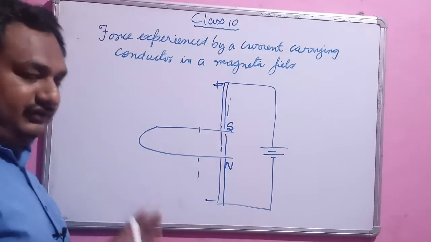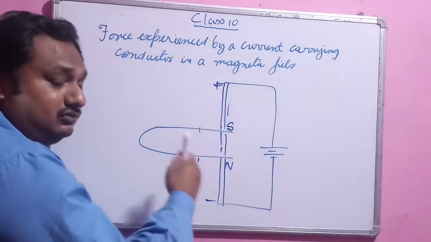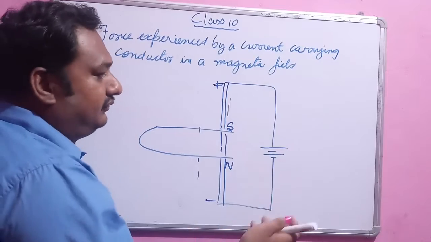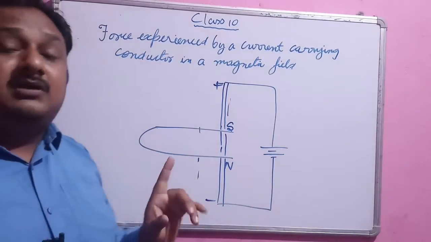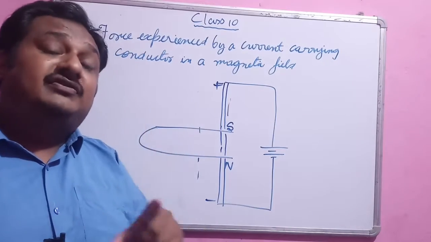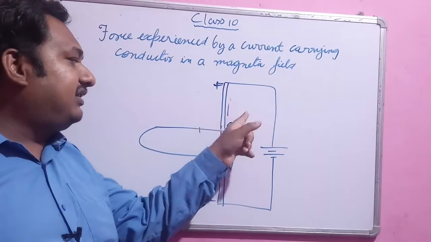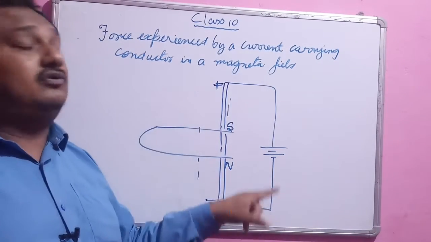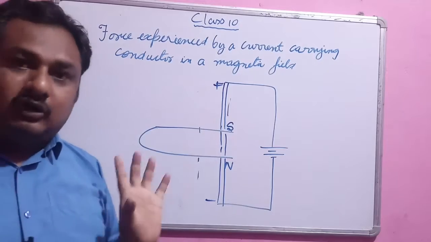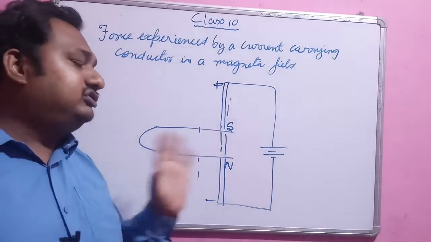Means, see student, if a current is flowing through a wire, as a result a magnetic field is produced and that magnetic field will exert force on this horseshoe magnet. But it was Ampere who says that if a magnetic field can apply a force on this horseshoe magnet, the horseshoe magnet can also apply a force on this conductor, and the same logic works here.